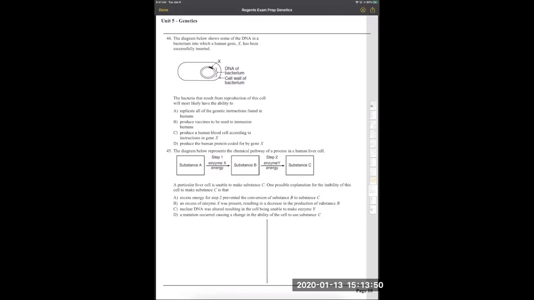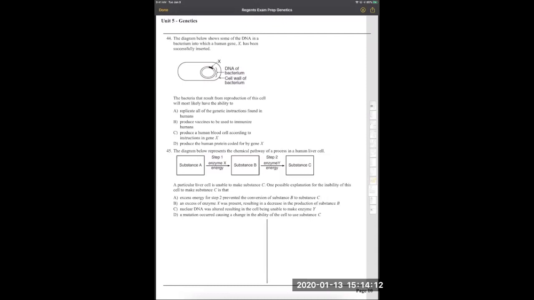C, nuclear DNA was altered, resulting in the cell being unable to make enzyme Y. Bingo, I think that's our right answer because you need enzyme Y to turn into substance C. Let's hold on that. I'm sorry, D as in David.